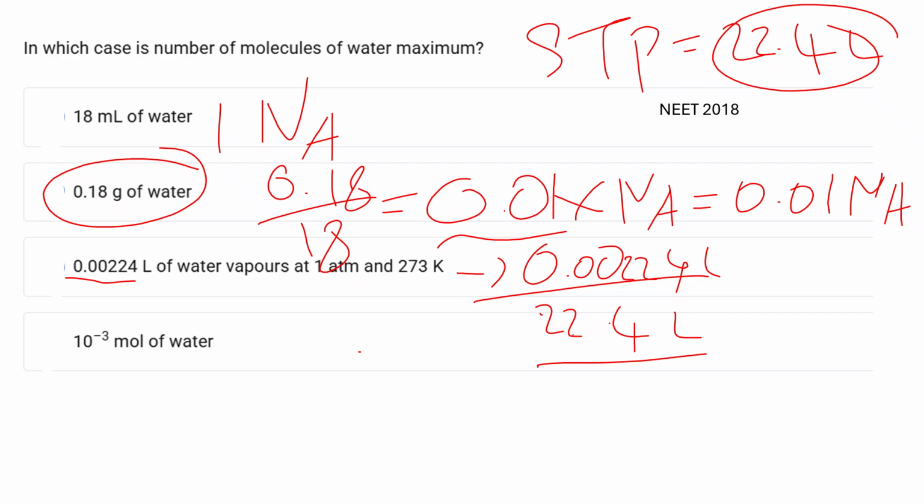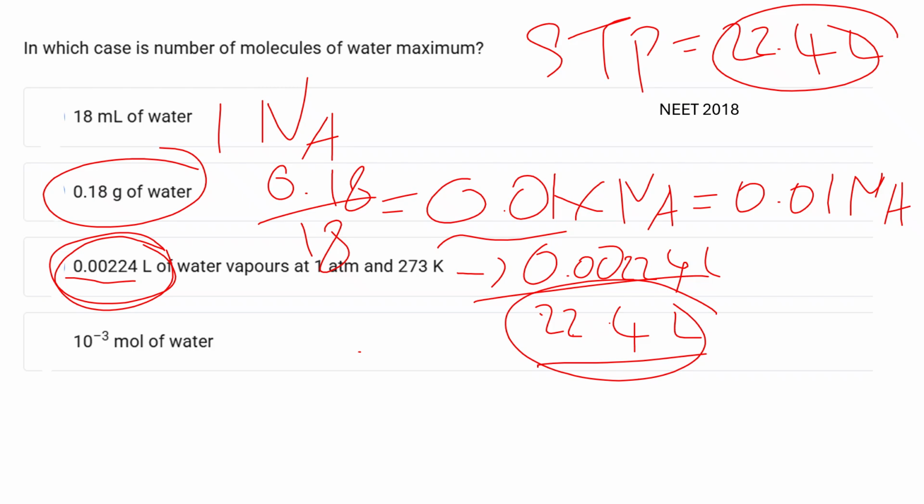From this we can find how many moles of water there are. One mole of water vapor occupies 22.4 liter. This is general, but in this case 0.00224 liters of volume is occupied by water vapor molecules.